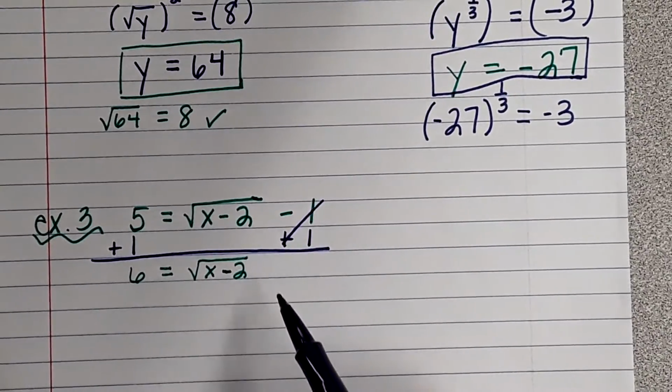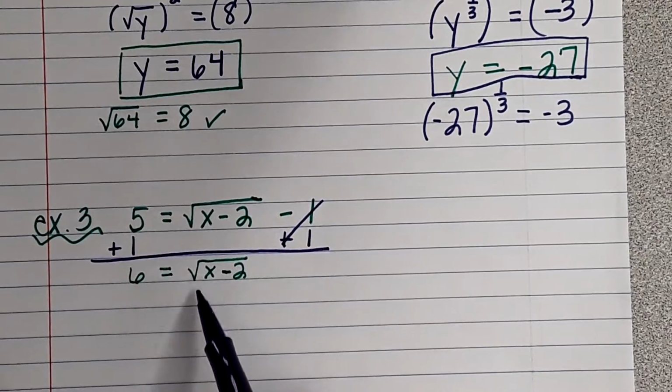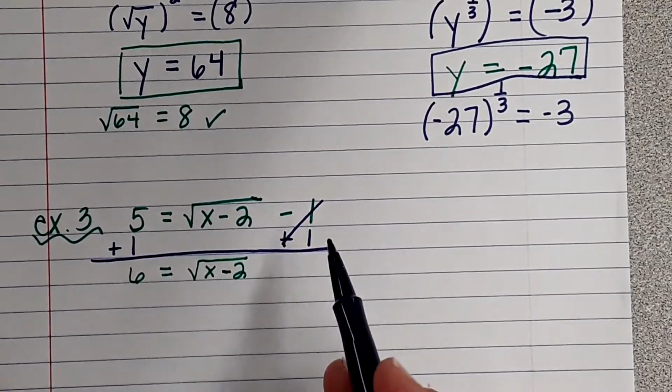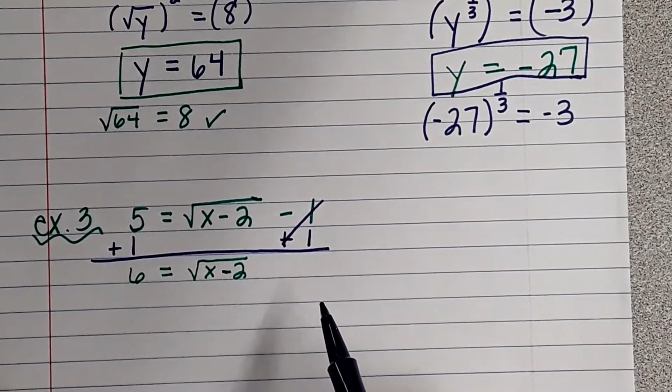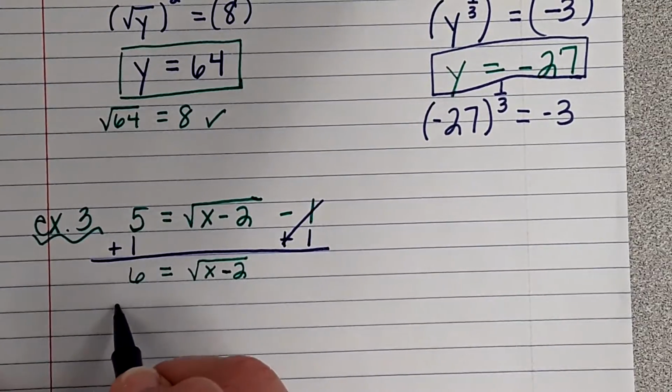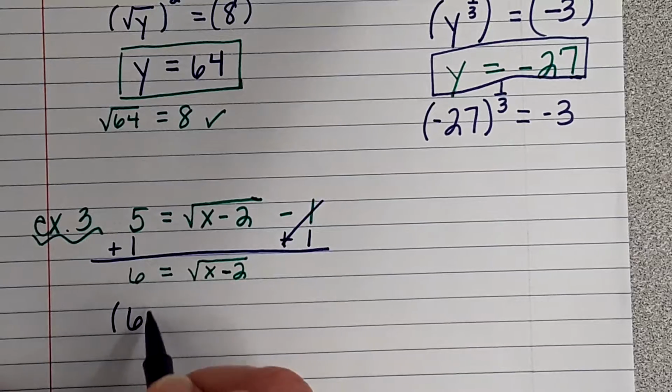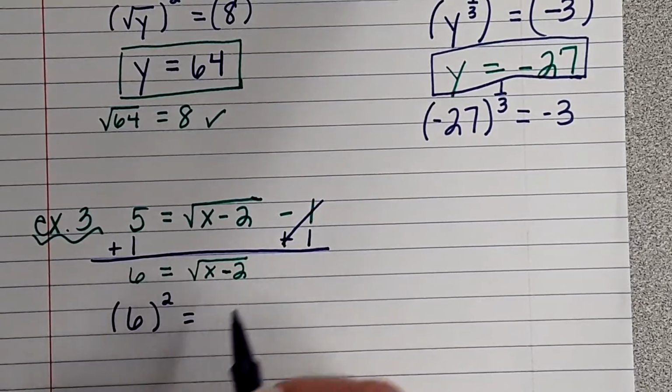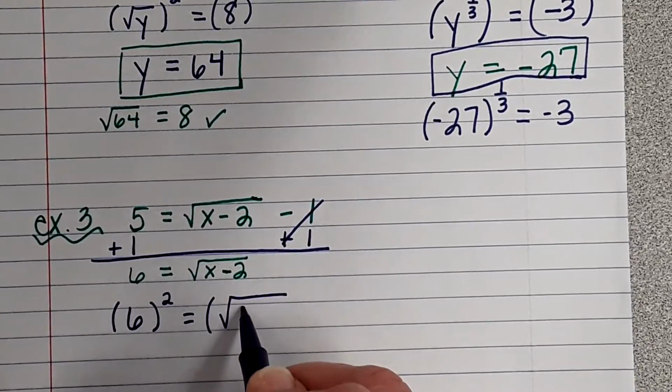Okay. Now, this is the square root of x minus 2. So what is the index? What's the index? 2. That means in order to get rid of an index of 2, we're going to square both sides of the equation.